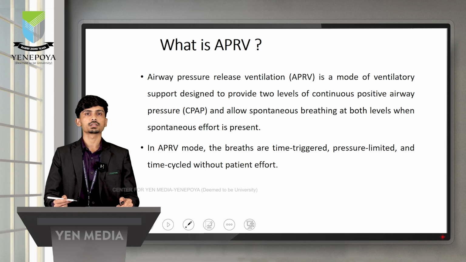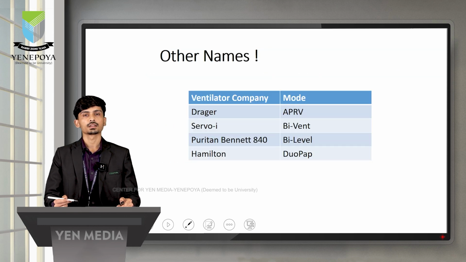Coming to phase variables of this mode, it is time triggered, pressure limited and time cycled when the patient's efforts are absent. It also has several other names in different ventilator companies. Drager calls it APRV itself. In Servo i, it's called BiVent. In Puritan Bennett, it's called BiLevel, although BiLevel is entirely a different mode of ventilation.